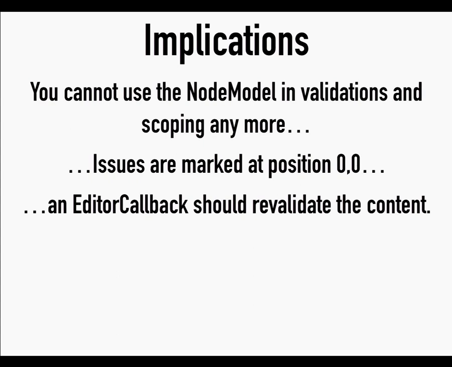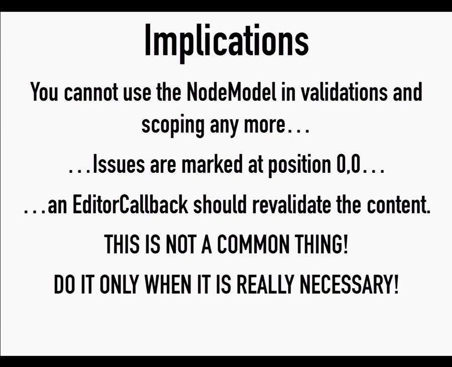But if you open up the editor, there is an editor callback, and there's one implementation to trigger the validation another time, and then it will highlight the right position because you have taken the load option into account. And depending on whether the editor is open or not, you do things differently.